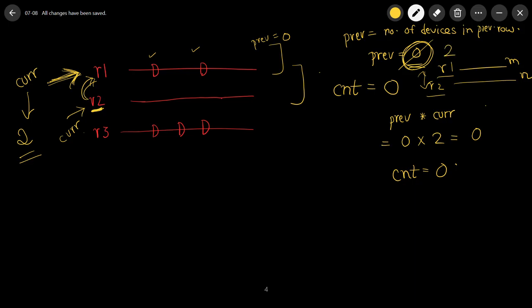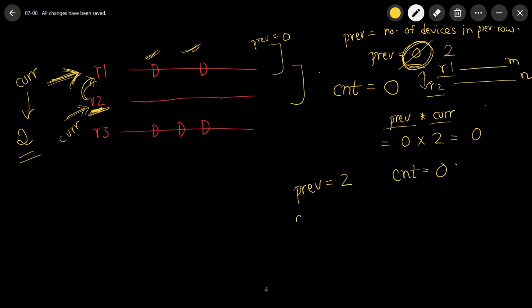So now previous is 2. So every time we change our current value, first we assign the current value to previous so that we can retain it. It's because we need the previous data. Then only we can multiply, right? So previous was set to 2 because we had two devices in the previous row. And this is the previous row because this has now become our current row.